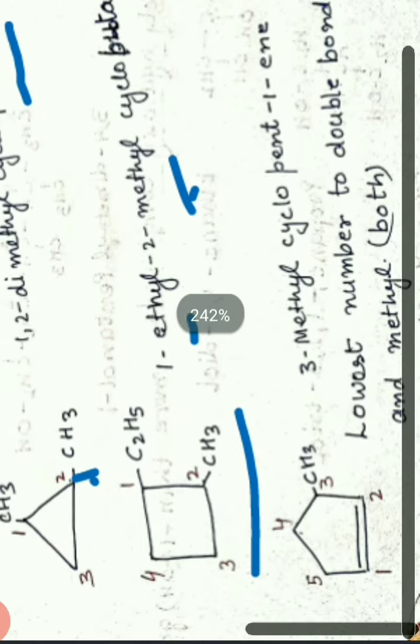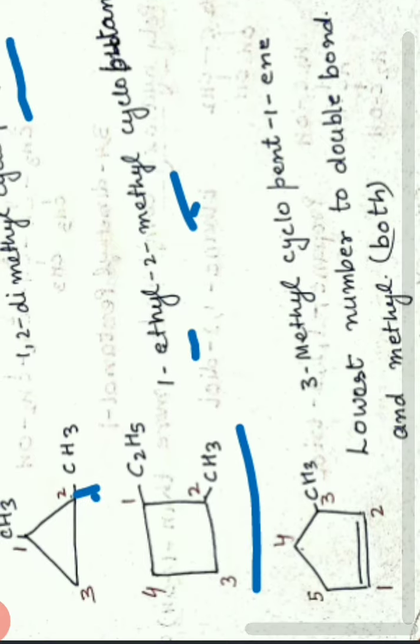Now the next one is cyclopentane, but it is no longer ane. If you see the compound, there is a double bond in it. Since there is one double bond, it is no longer an alkane, so the compound is written as ene.